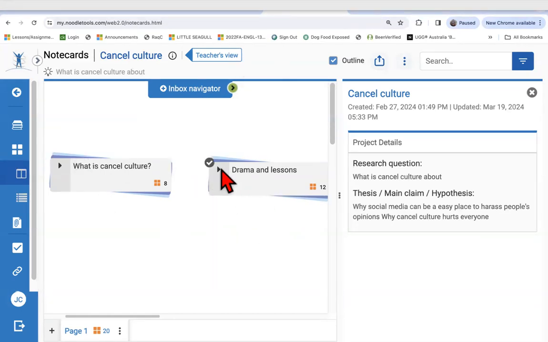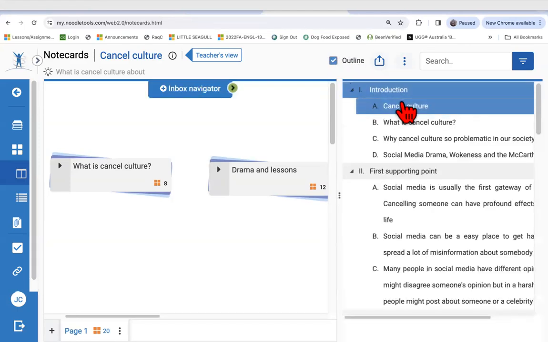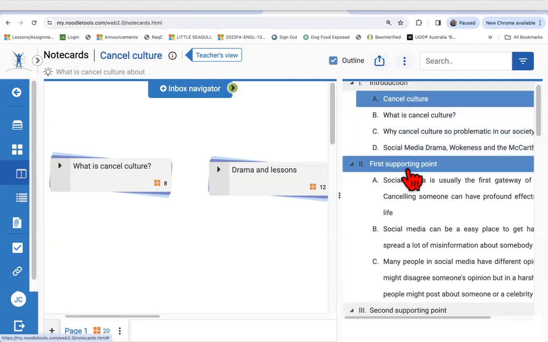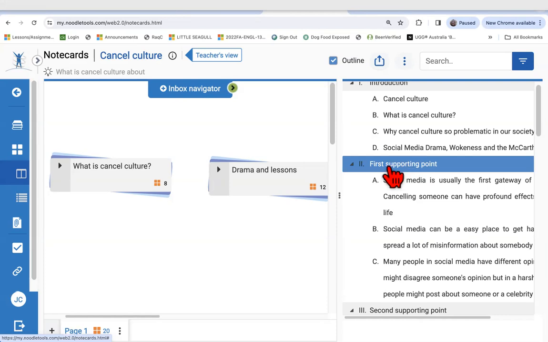They're not in the same, I've got them kind of more like an outline deal. The piles are what the main points are, but you need to get all of these corrected over here. And then what you do is you open your outline, but you're going to have to do it over, because it won't let me do it here. You're going to have to put the definition of cancel culture, and then you're going to start dragging the cards.